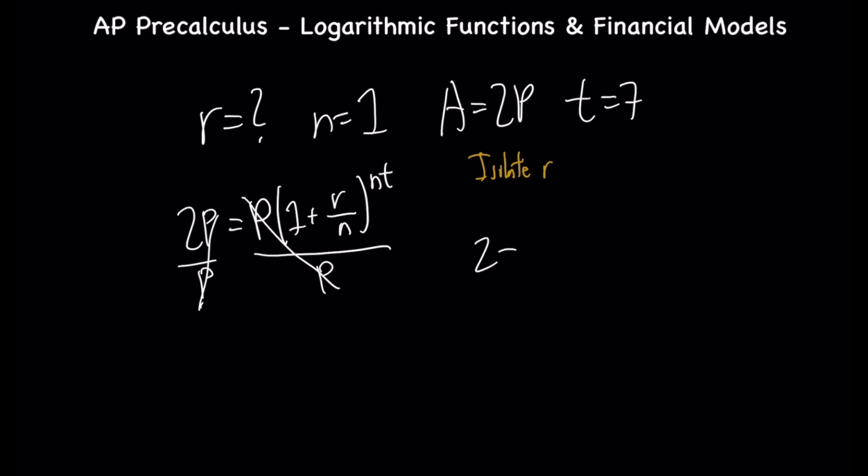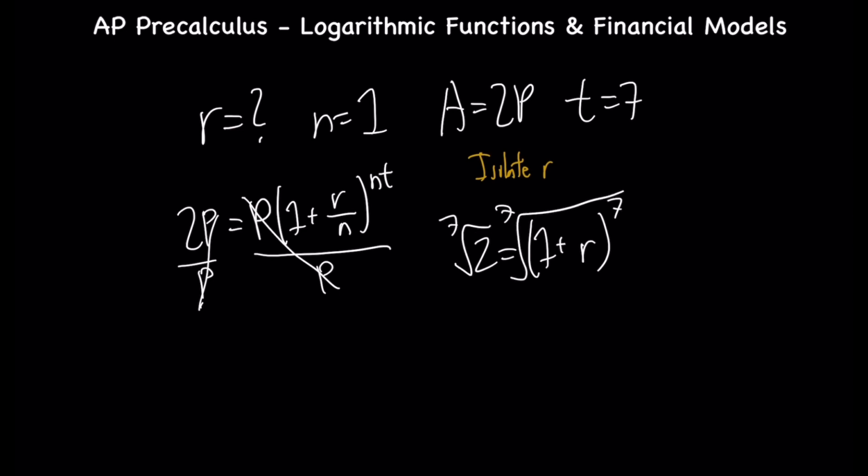So you end up with 2 equals, and here you should plug in the numbers. For your n value, you only have 1, and anything divided by 1 is just itself. It's just 1 plus r, to the power of n times t, which is just 7.